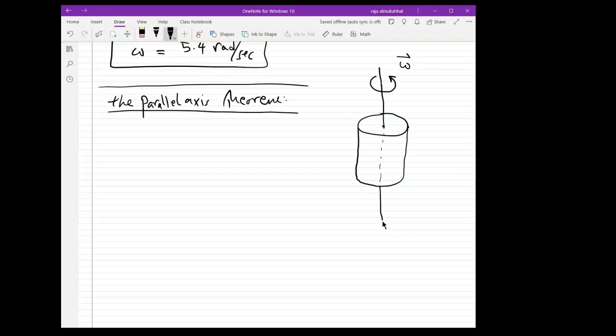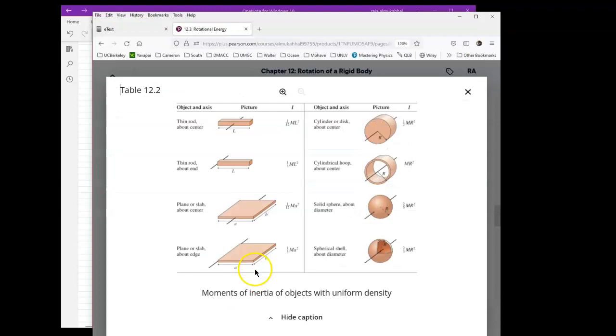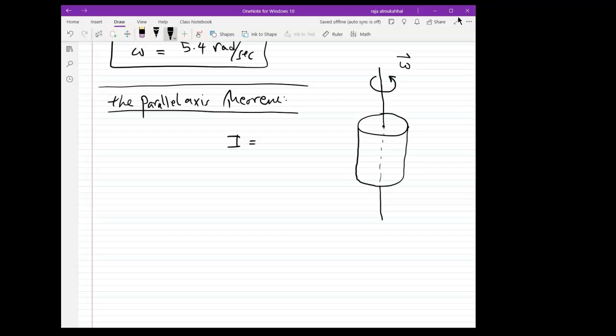If I ask you what is the moment of inertia of the cylinder as it spins about its axis, you're going to say easy. I can look at the table, and it's going to be 1/2 mr squared, for a cylinder, disc or wheel spinning about its axis. So here I is equal to 1/2 mr squared, r being the radius of the cylinder, correct?